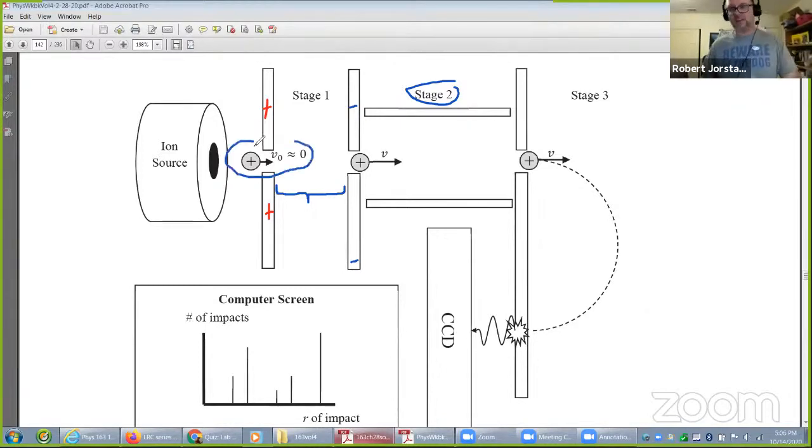Think about this. All of these are going to come in here approximately equal to 0, but because they all start at slightly different speeds, they're all going to come out at slightly different speeds. And the idea is you use this selector to clean up any unwanted velocities. If they're too fast, they go down here. If they're too slow, they go up here. So you get only velocities in a narrow band that can fit through the hole in this plate.